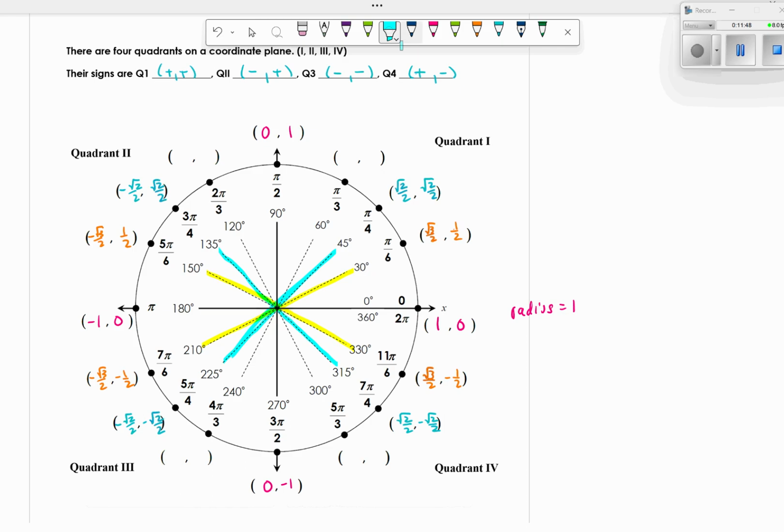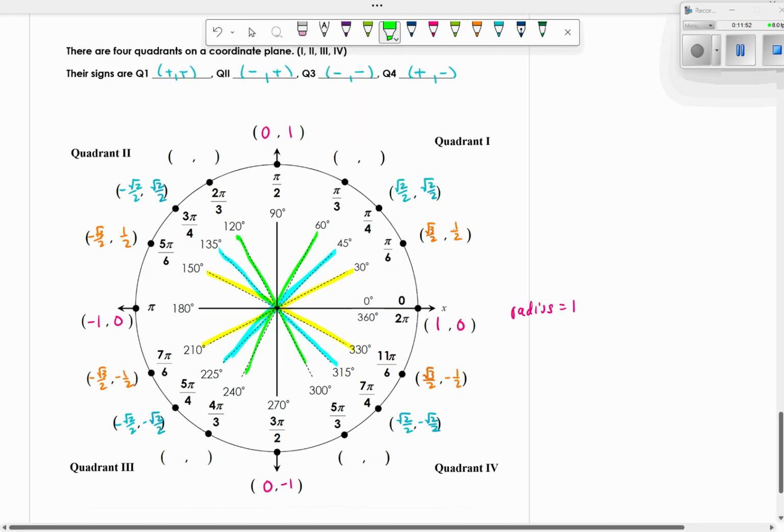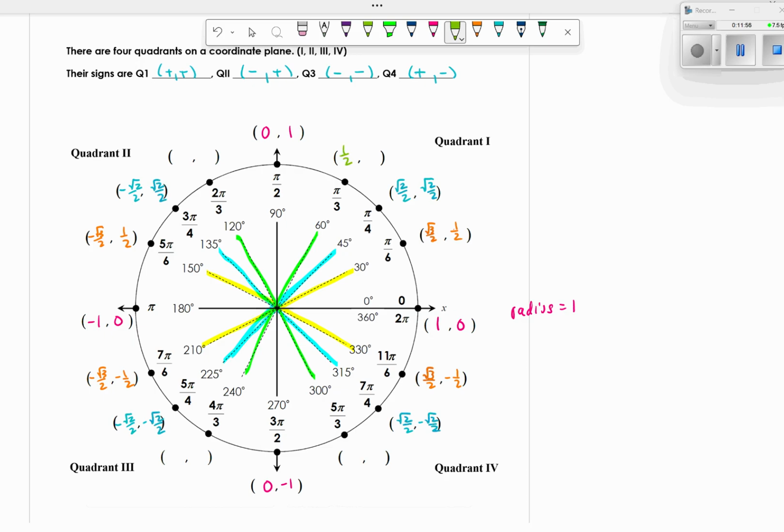And then the last one we have is our 60-degree values. So for this one, this would be 1/2, root 3 over 2. So this would be negative 1/2, root 3 over 2, negative 1/2, negative root 3 over 2, positive 1/2, and negative root 3 over 2.